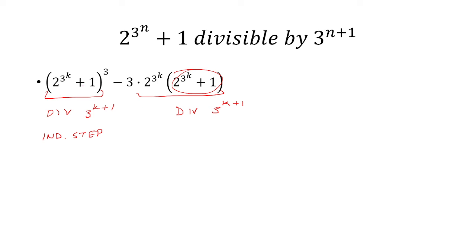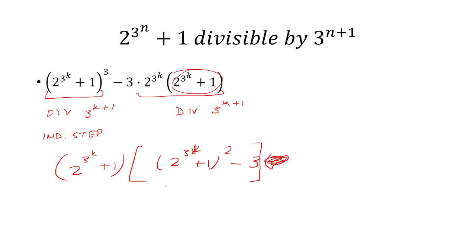So you have two terms that are being subtracted that have a factor of it. I can rewrite it if I wanted to, like 2 to the 3 to the k plus 1, and then factor that out, and then you have 2 to the 3 to the k plus 1 squared, minus 3.